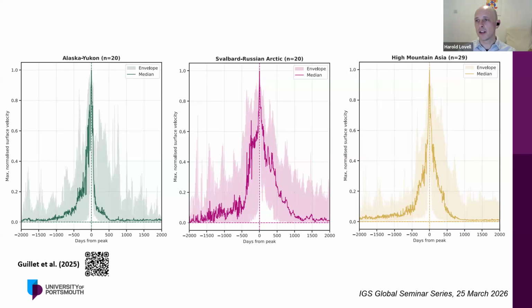I'm particularly interested in what's going to happen to surges as climate continues to warm, and are we going to see changes in behavior and distribution? We assume we will, but how's that going to look? Particularly if that means that there's implications in terms of the impacts on people, particularly in high mountain Asia, for example, if we're going to see more frequent surges or less frequent surges, or whichever way it might go.